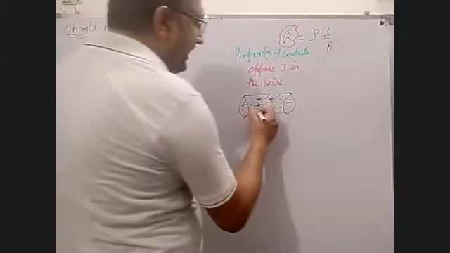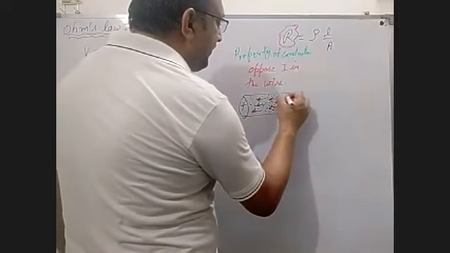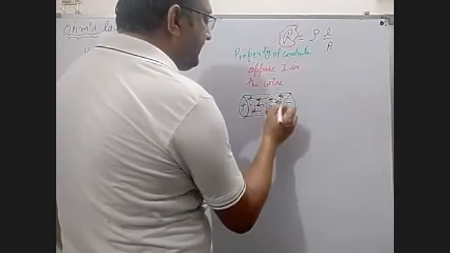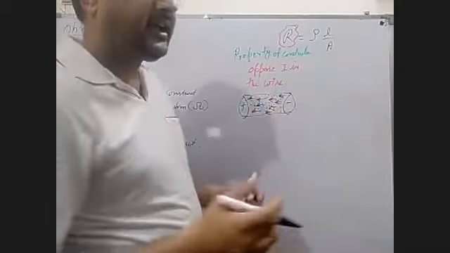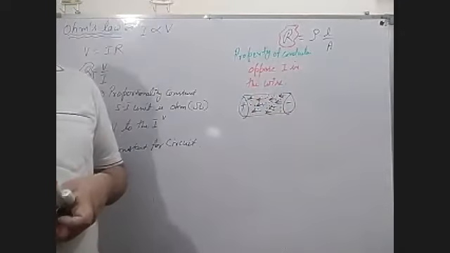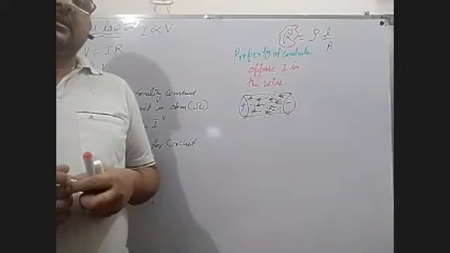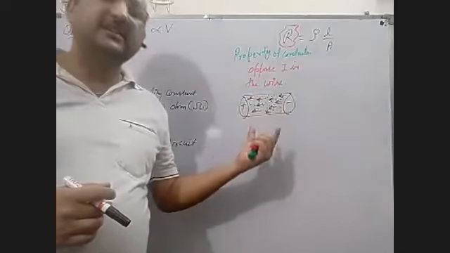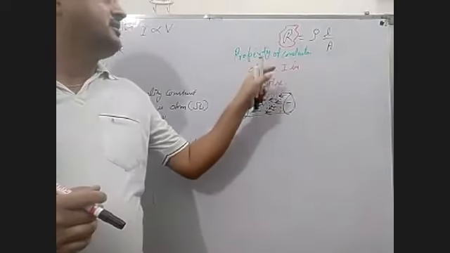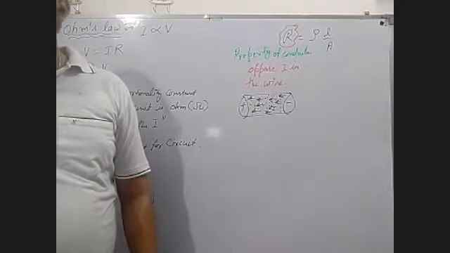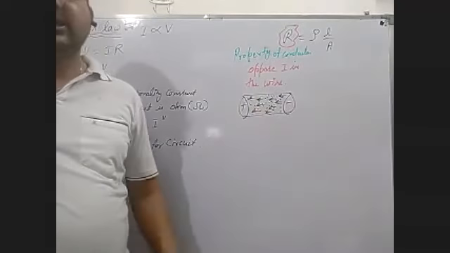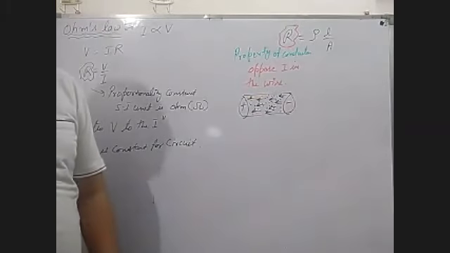Whenever they move towards the positive terminal, they have collisions. Due to this, there is an opposition for current. This is also the reason for resistance.